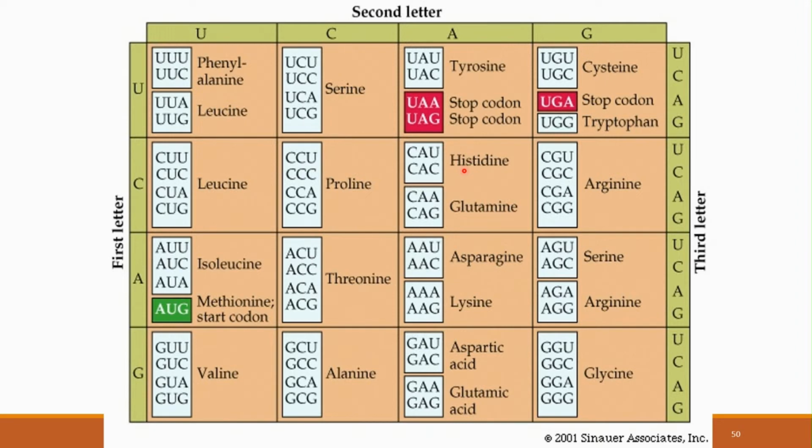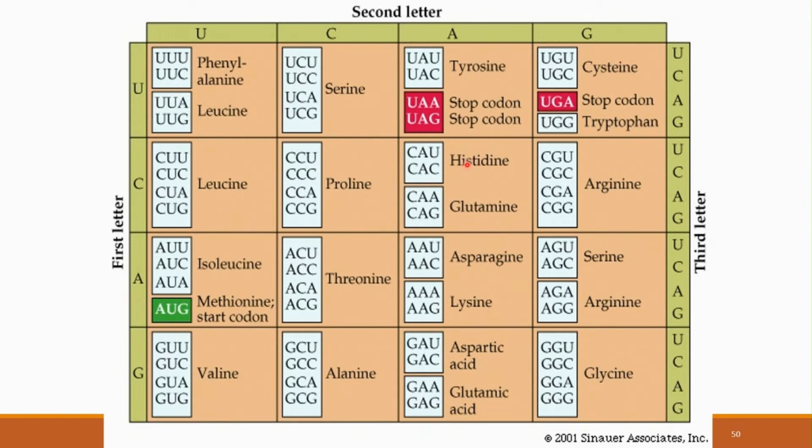In that box, it must either be a histidine or a glutamine. Using the third letter here, we can figure out that if we take the U, it's going to be a histidine, okay?